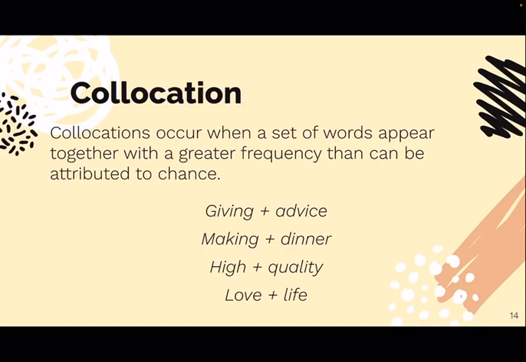Making dinner, high quality and low quality is the same as well. Love life. So all of these words are often paired together, and they make text easier for people to understand, because they're phrases that we're used to hearing in conjunction with each other. So they make sense to us nice and quickly.